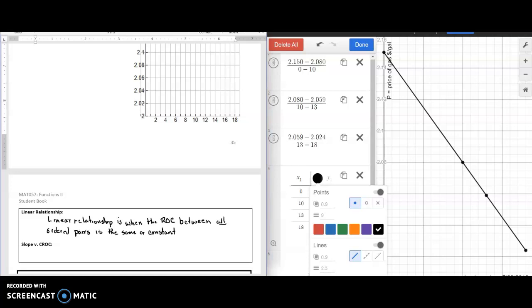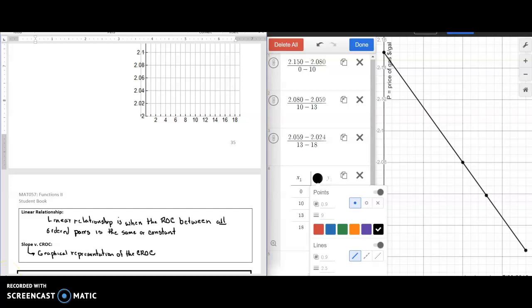So the difference between a slope and a constant rate of change: the slope is the graphical representation of the constant rate of change. As we can see here, this graph is going downward, so we would say the slope is negative, and the steepness of this is 0.007.